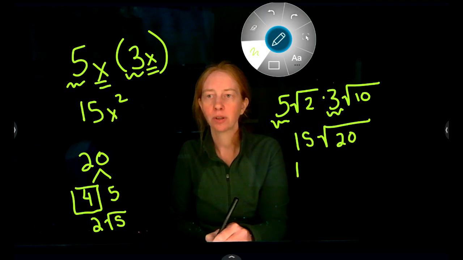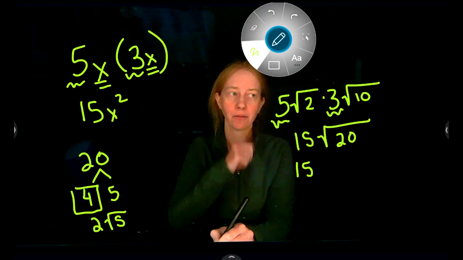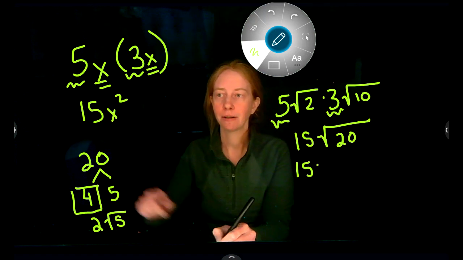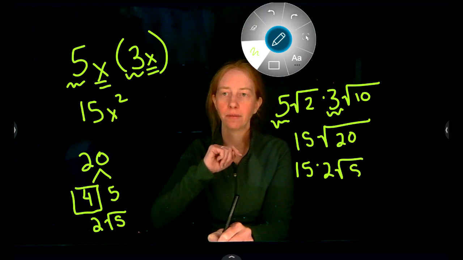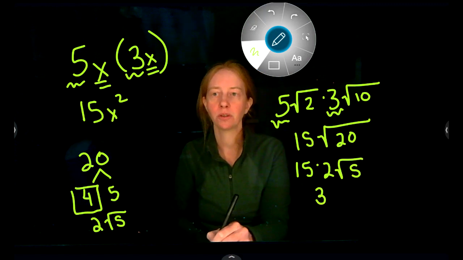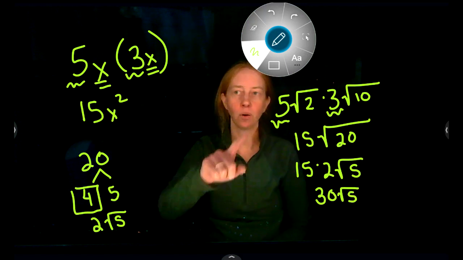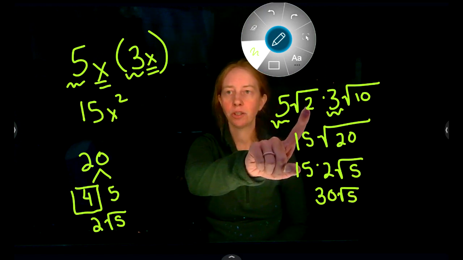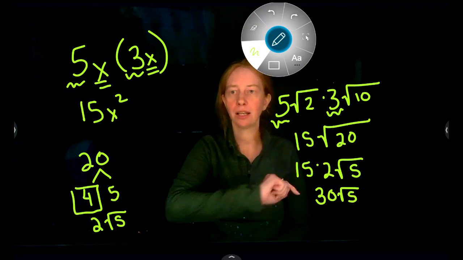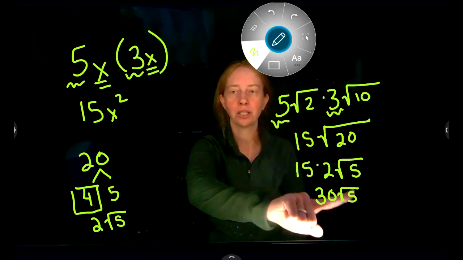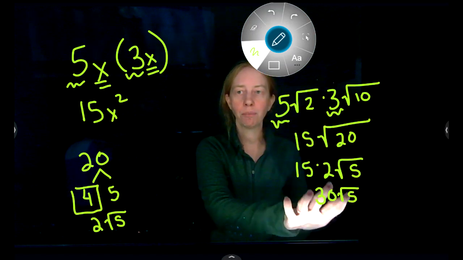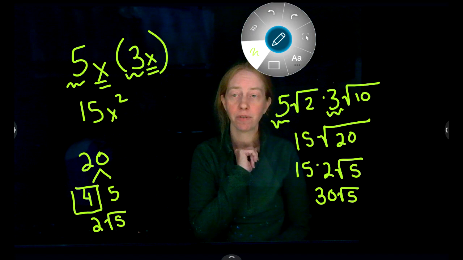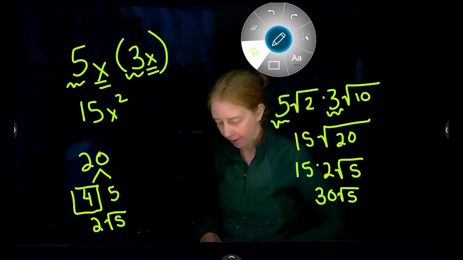So let's write that out over here. 15, because we still have our 15, times, and from here we get our 2 times the square root of 5. 15 times 2 is 30, and we keep that square root of 5. So 5 times the square root of 2 times 3 times the square root of 10 equals 30 times the square root of 5. Right, so we're going to go through that process and then do the simplifying and make sure that we've got that.